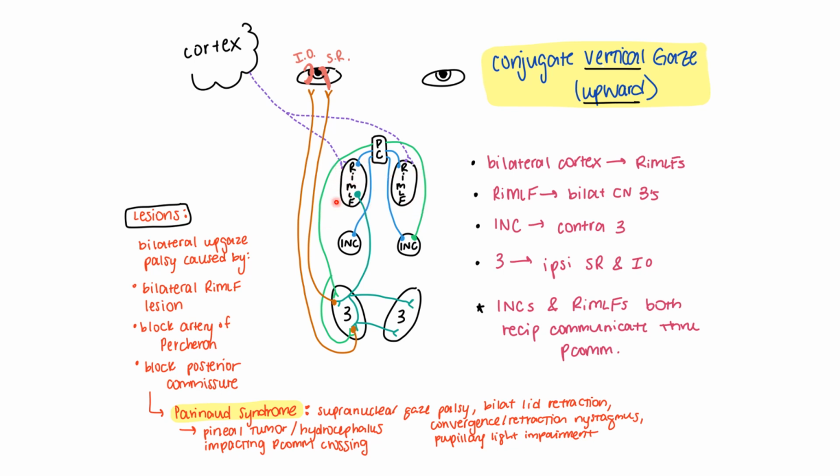Because if you just took out one, you would still have this other side available to talk to both sides' oculomotor nuclei. So you would really have to see a bilateral lesion to be able to take out enough to get your actual upgaze palsy. Another way would be to block the artery of Percheron, which not everyone has.